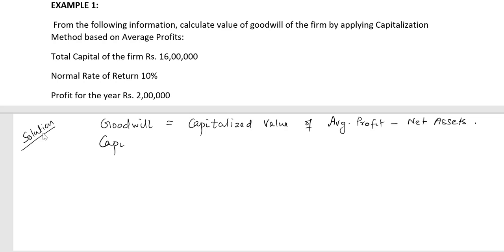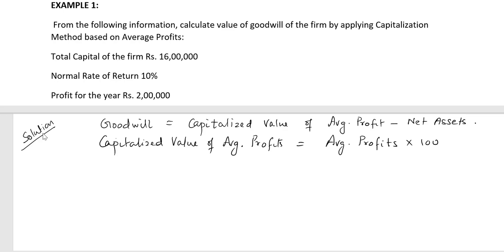Here the capitalized value of average profits is equal to the average profits multiplied by 100 divided by normal rate of return.